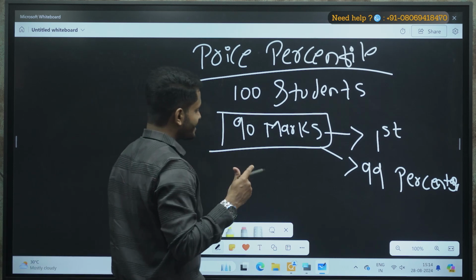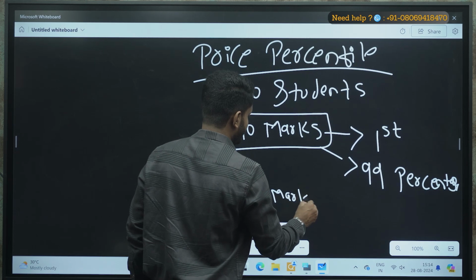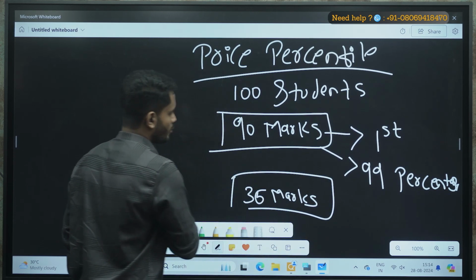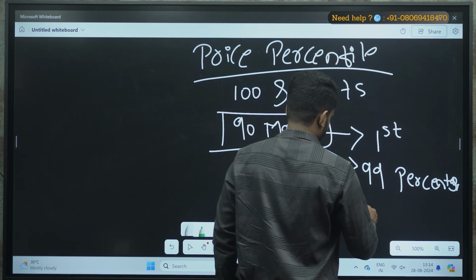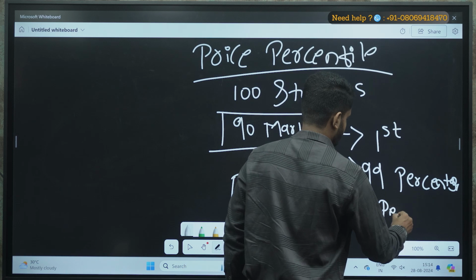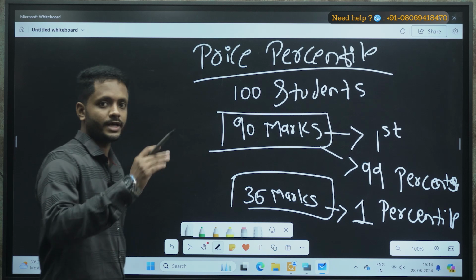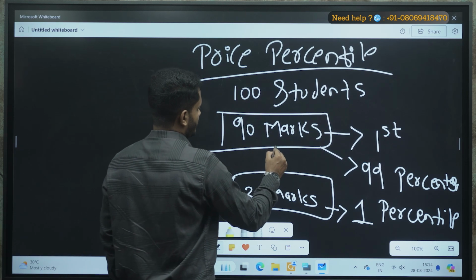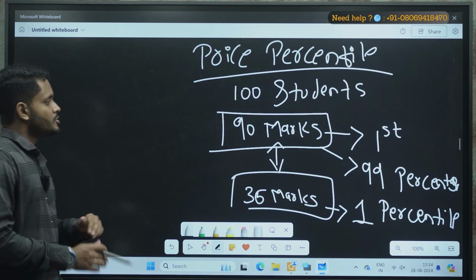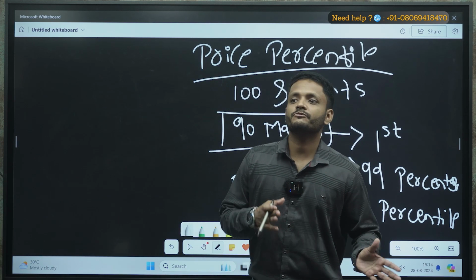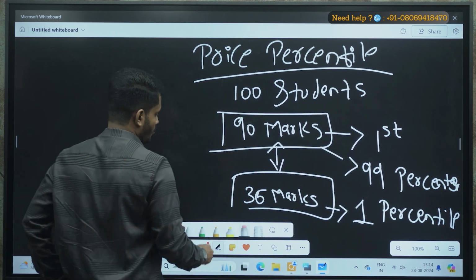The one who scored the least, say 35, is the least mark scored by a student, and I will give that student 1 percentile. The remaining 98 students are ranked between 90 and 35. This is the concept which we will be using in the stock market. Now let us check how we will be using it.